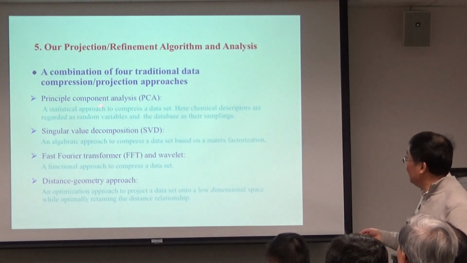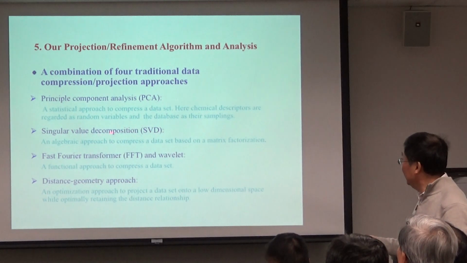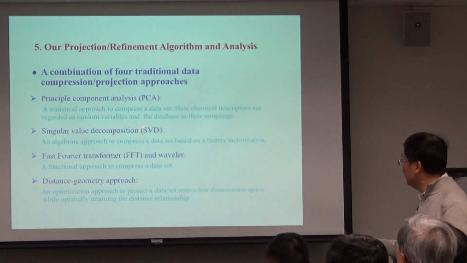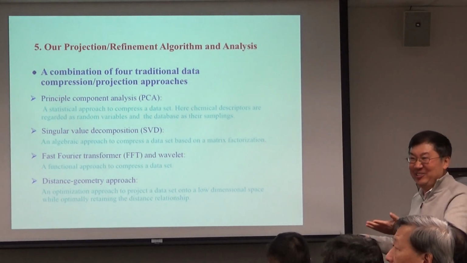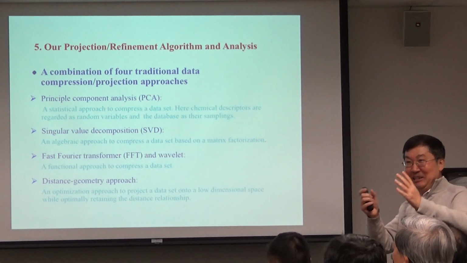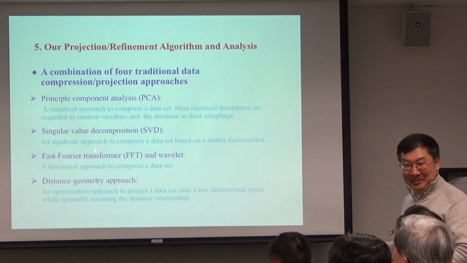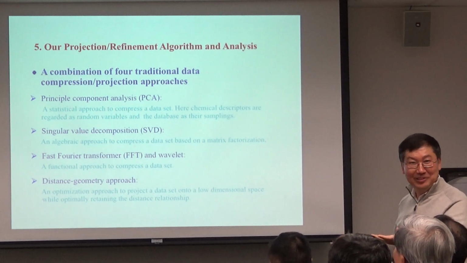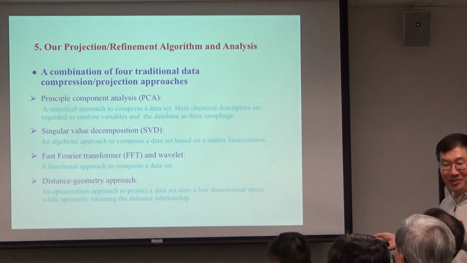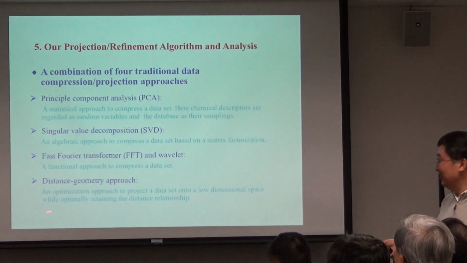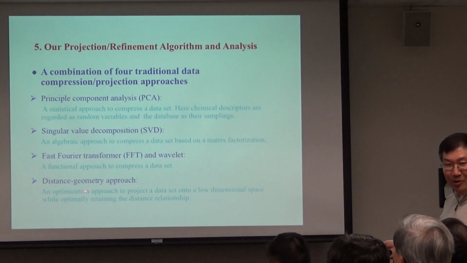So for example, PCA, singular value decomposition, okay, and fast Fourier transform. Truncated fast Fourier transform is used for signal data compression, so you also can apply it to such issues. Right? Of course, there are the distance geometry approaches. Okay, so that's optimization approaches.